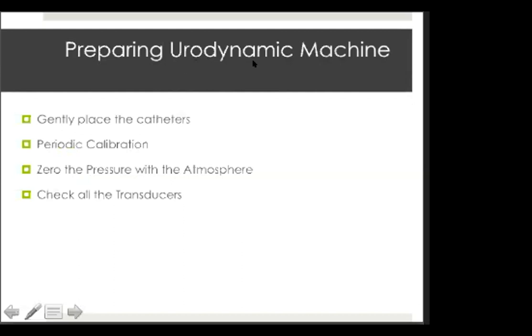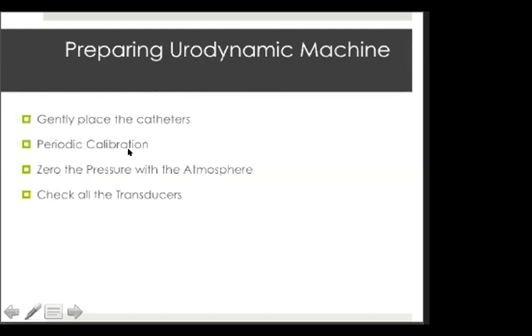So for the preparation of the urodynamic machine, gently place the catheters. We have two catheters, the urethral catheter and the rectal catheter, which has a probe.